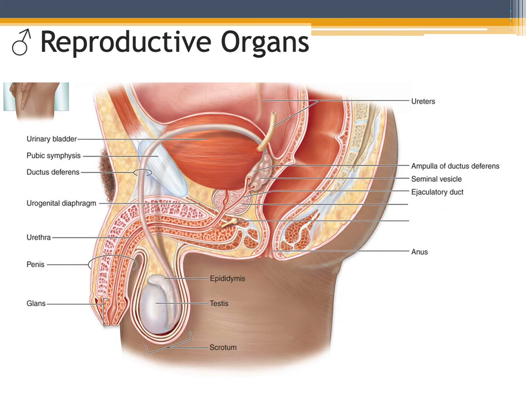The ejaculatory duct will meet up with the prostate gland. The prostate gland will then allow for the junction between the two pathways, the reproductive pathway and the urinary excretory pathway. We then get to the bulbourethral gland, usually referred to as Cowper's gland.